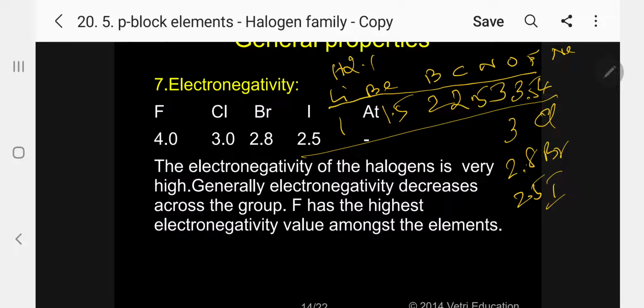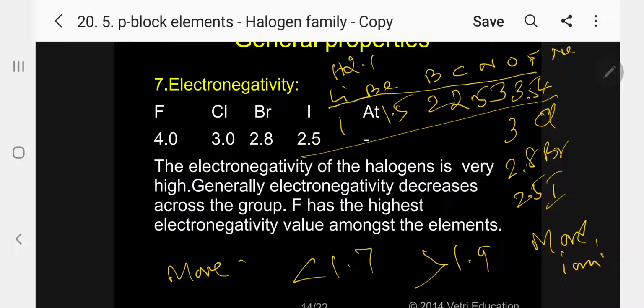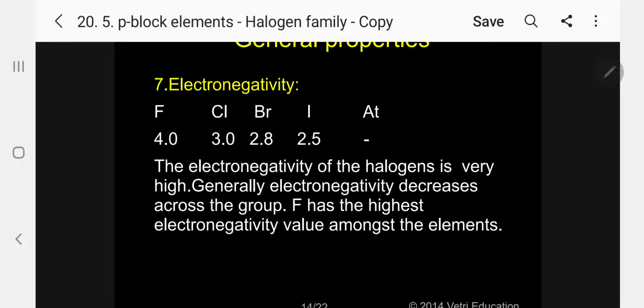Because in order to identify whether a compound is covalent or ionic, we look at the difference between the two atoms. If the electronegativity difference is greater than 1.9, it is more ionic; less than 1.9, more covalent. Please follow. So the comparison of covalent and ionic character can be identified by the difference. That's why the electronegativity value is most important.